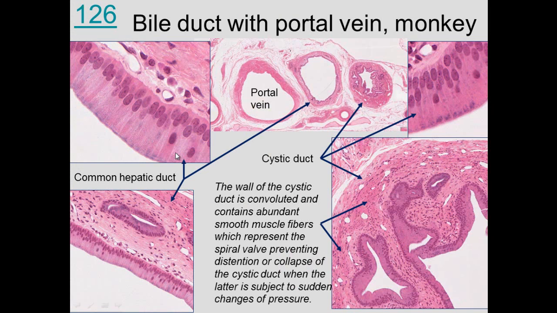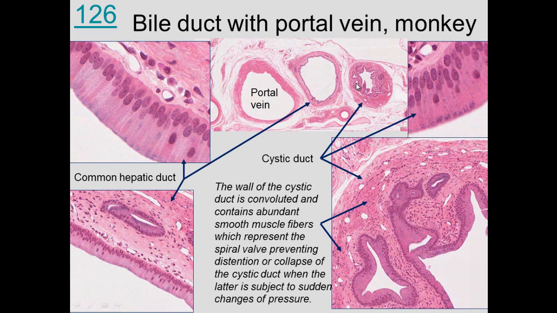And so here we can see in the common bile duct, you can see simple columnar epithelium, the same as what you see in the cystic duct, and also it's the same as what you see in the gallbladder itself.